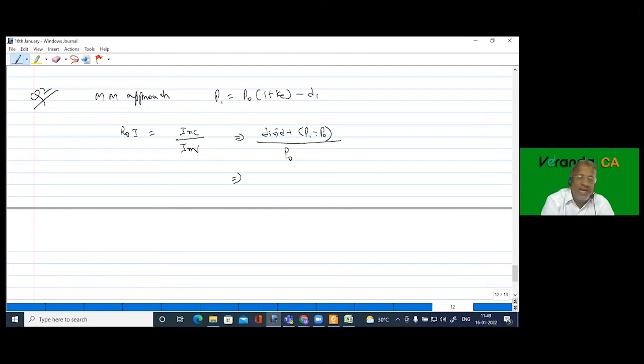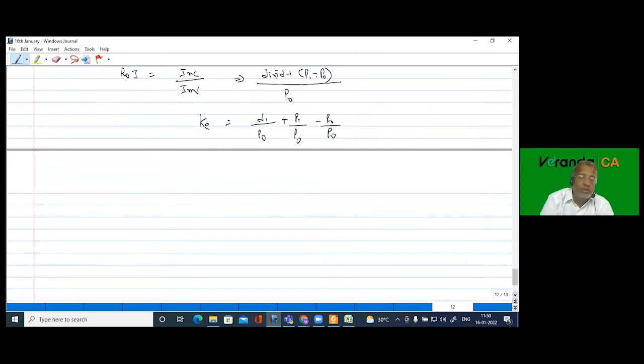So you can say D1 divided by P0 plus P1 divided by P0 minus P0 divided by P0. This is my rate of return, and that is the cost of capital for the company as a whole, the cost of capital for equity shareholders as a whole.